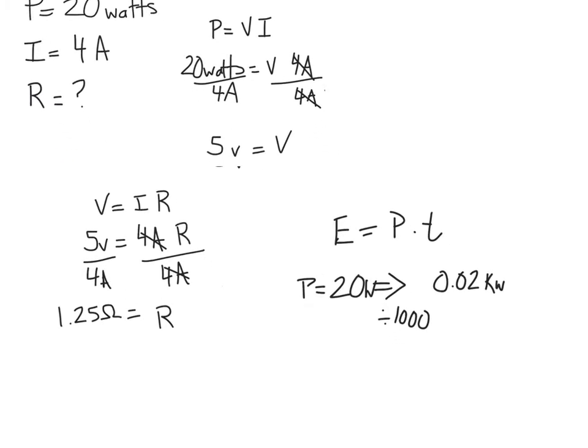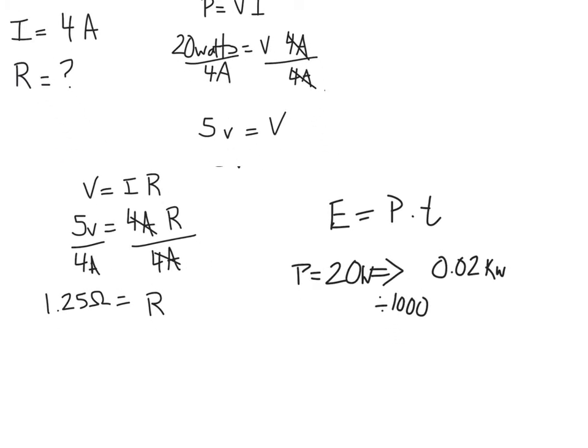Let's say that we were given time is equal to 270 minutes. Well, we know that we need to transform it into hours, and so to transform it into hours, we're going to divide by 60 minutes because we know we have 60 minutes for every hour.